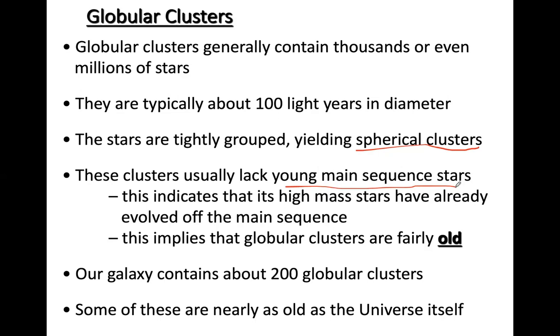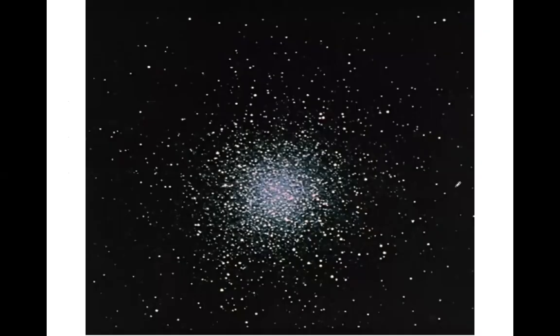So globular clusters are a good way for researchers to get an idea about the age of the universe, because the age of a globular cluster may be very close to the age of the universe. In fact, that was one of the methods astronomers used to get an idea about the age of the universe. And here is how a globular cluster looks.